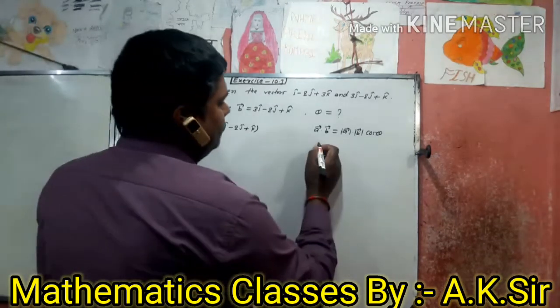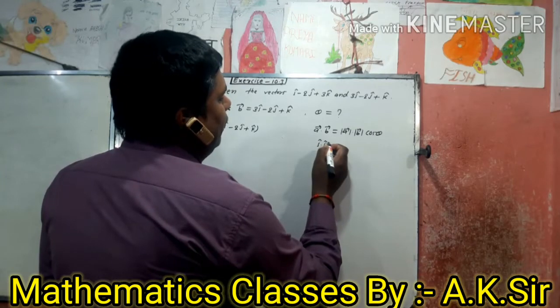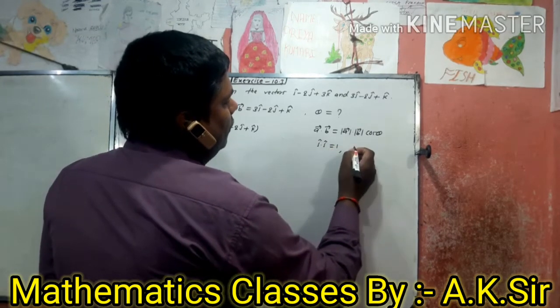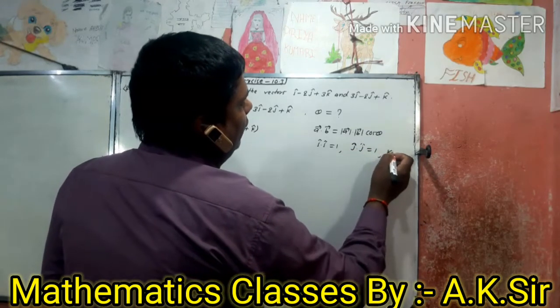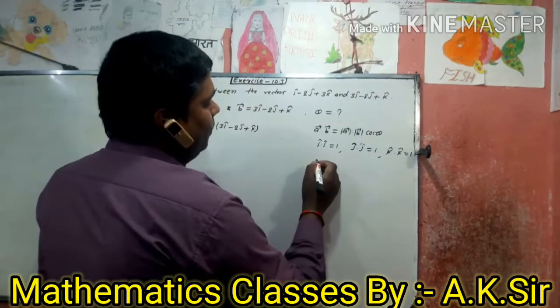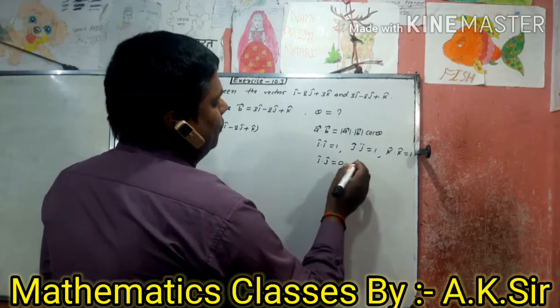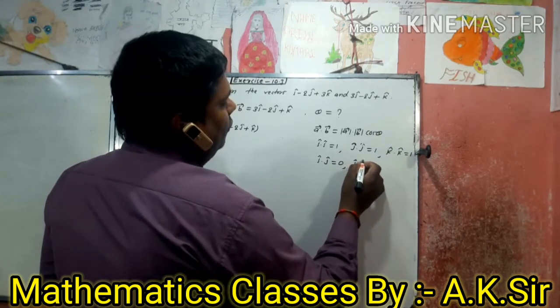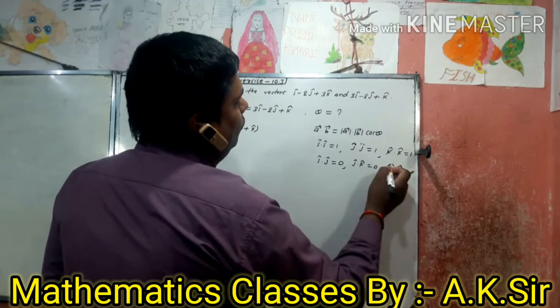We know that i cap dot i cap is equal to 1, j cap dot j cap is equal to 1, k cap dot k cap is equal to 1, and also i cap dot j cap is equal to 0, j cap dot k cap is equal to 0, i cap dot k cap is equal to 0.